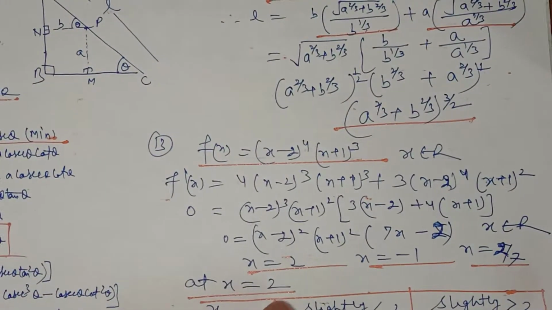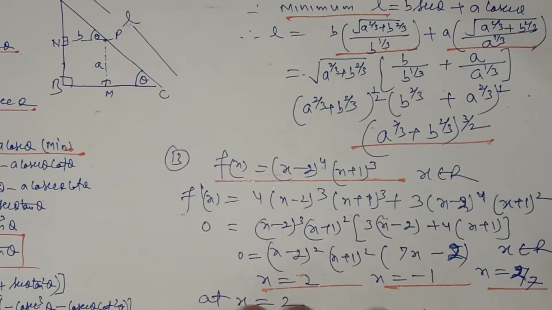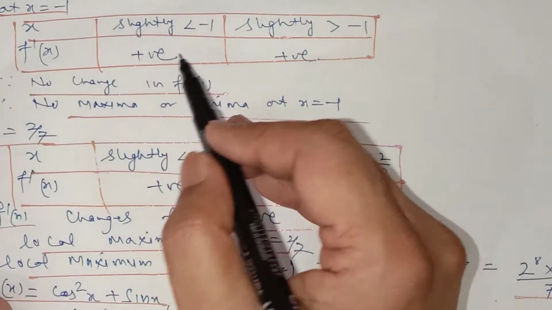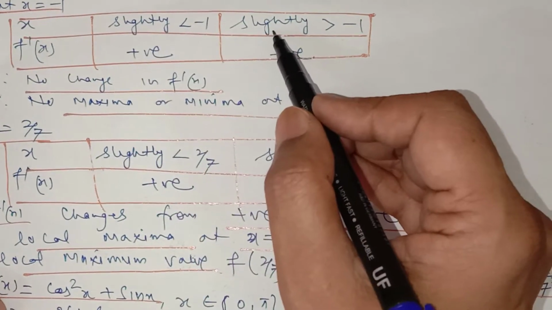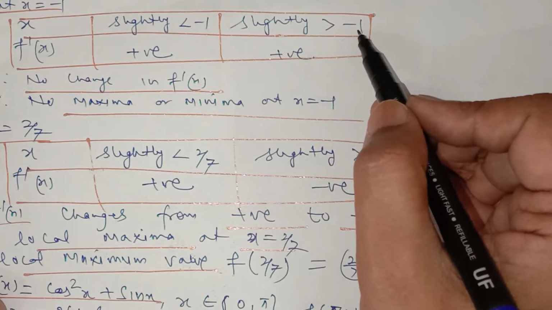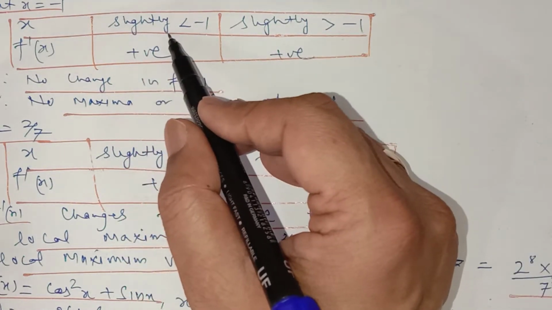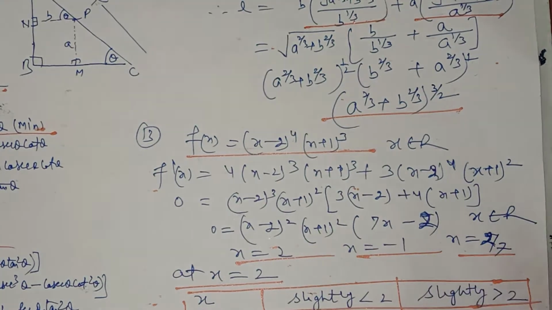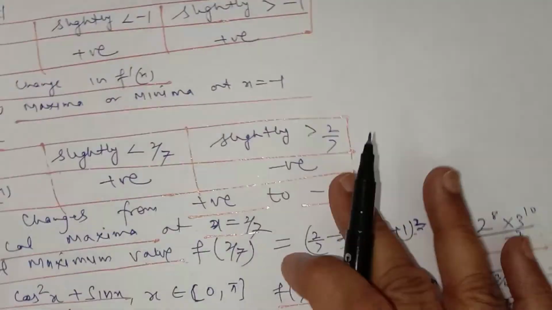Now we'll check at x equal to −1. Take the value of x slightly less than −1 and then slightly more than −1. When x is slightly less than −1, the first derivative comes out to be positive.